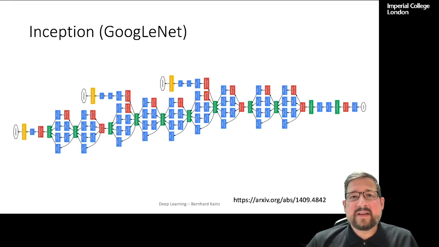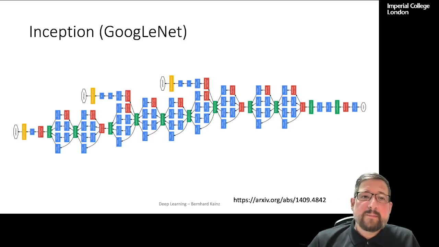So unlike previous architectures that had a single path for data to flow through layers, Inception offers multiple pathways. The advantage of these parallel paths is to capture different types of features more efficiently, and the architecture combines the best of different types of convolutions and pooling layers to enhance its performance.